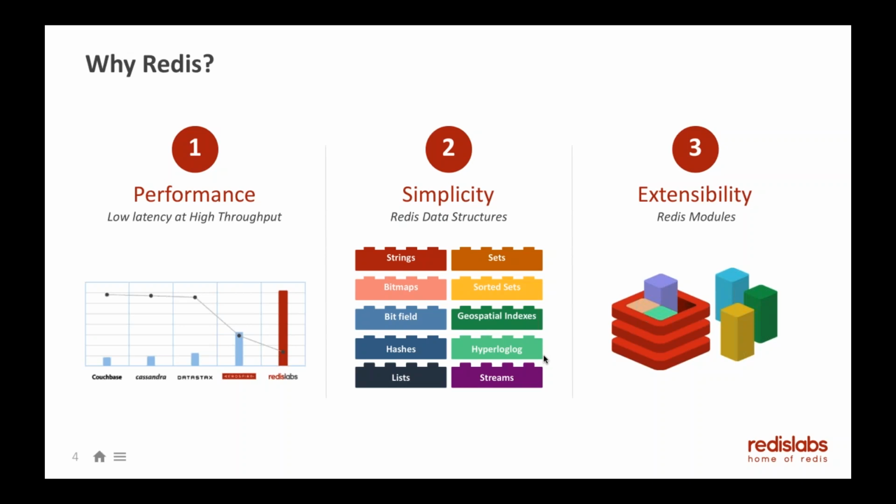Well, one of the other reasons why Redis is so popular is because of its simplicity. So instead of shackling you down to tables or JSON documents as the underlying data model to express your problems to the database, Redis provides data structures. You have structures like hash tables, or you can have JSON documents in Redis. That's no problem. And if those are the best way to express your problem, you can certainly do that.